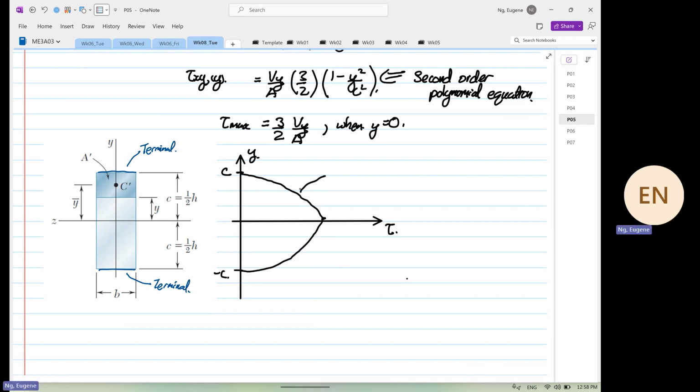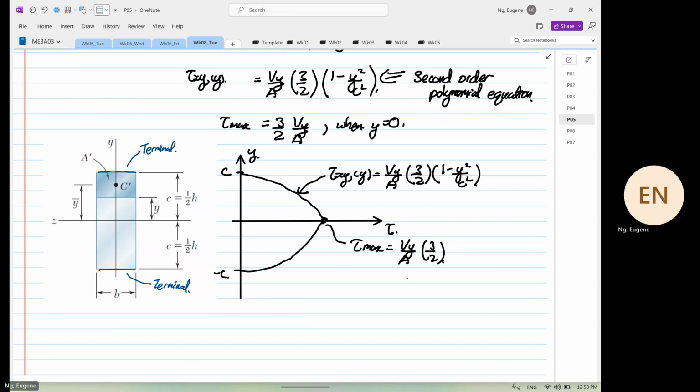So this expression over here, this is your shear xy as a function of y, and this is equal to Vy over A, 3 over 2, 1 minus y squared over c squared. And over here, your tau max will be equal to Vy over A, 3 over 2.